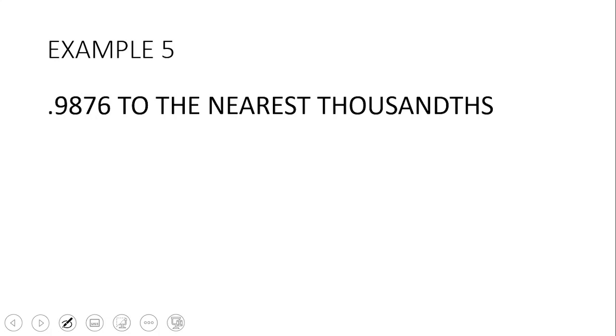0.9876 to the nearest thousandths. Okay, so we know that the thousandths is that 7 right there. We're going to look one number to the right. It's greater than 5. So we're going to add 1 to that number there, and we're going to drop all the other numbers to the right of the rounding number.